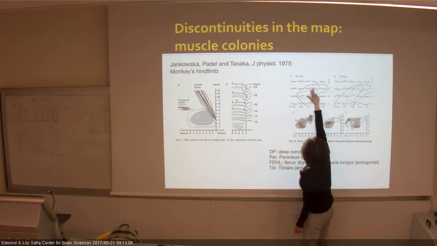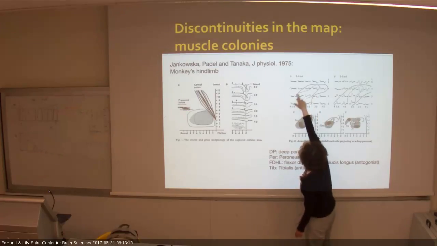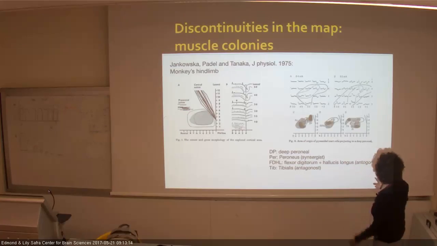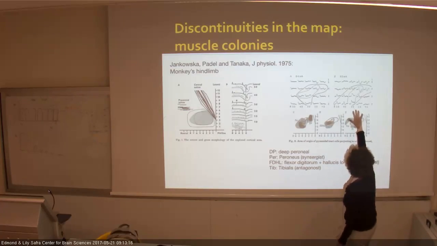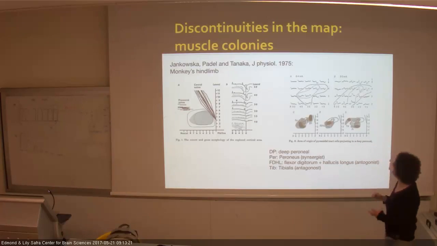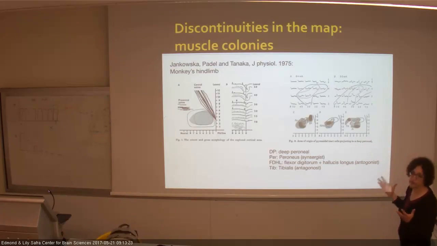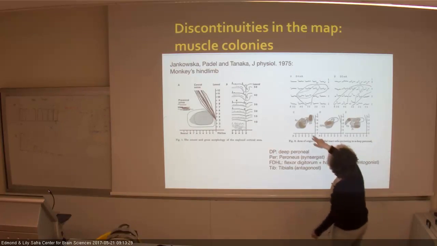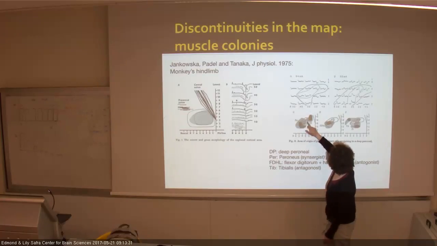These are strong monosynaptic responses, and the blob around it is a weaker monosynaptic response at different intensities of stimulation. So first of all, they found that it's a broad area that projects directly to a single motor neuron.